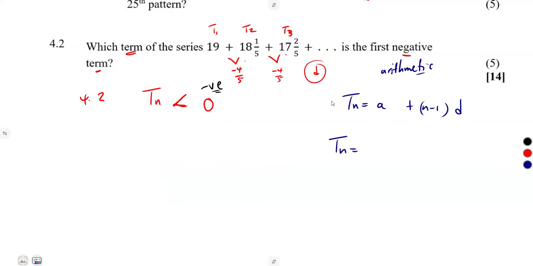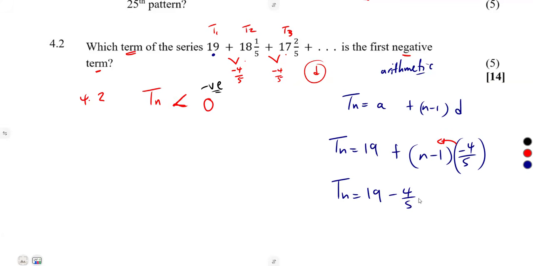So our Tn is going to be a, the first term, 19, plus n minus 1 times d. Our d is the constant difference of negative 4 over 5. So 19 multiplied by negative 4 over 5 n gives negative 4 over 5 n. Negative 4 over 5 times negative 1 is positive 4 over 5.